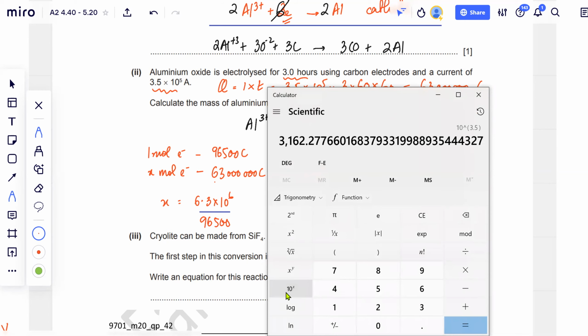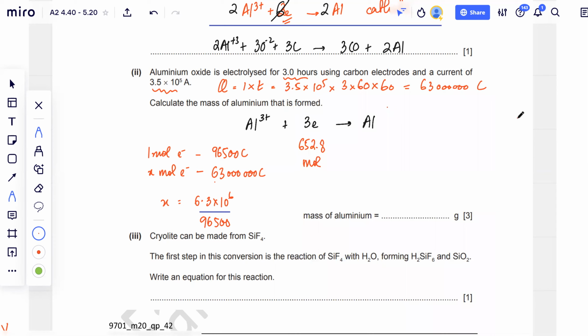Just one second. Actually, I can't use this calculator. Can you recheck? Sorry, it was 65.2. Wait, the answer for this one is not correct, the moles of the electrons. 65.2.